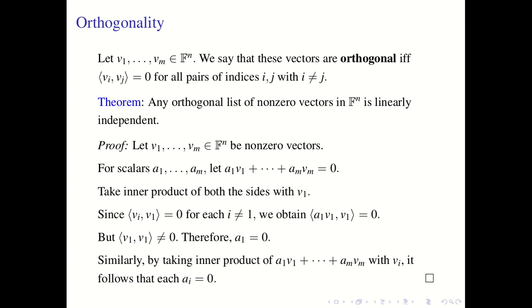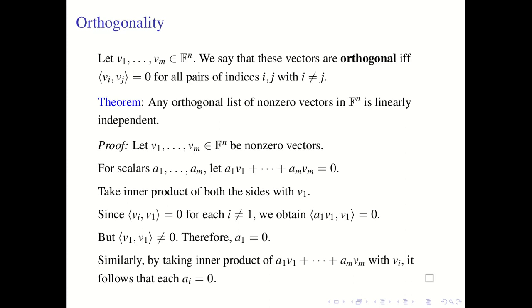So the only remaining non-zero component in that inner product will be a1 v1 inner product v1, which is 0. That is the same as a1 times the inner product of v1 and v1. But the inner product of v1 with itself is non-zero because v1 is non-zero. Therefore a1 is 0.